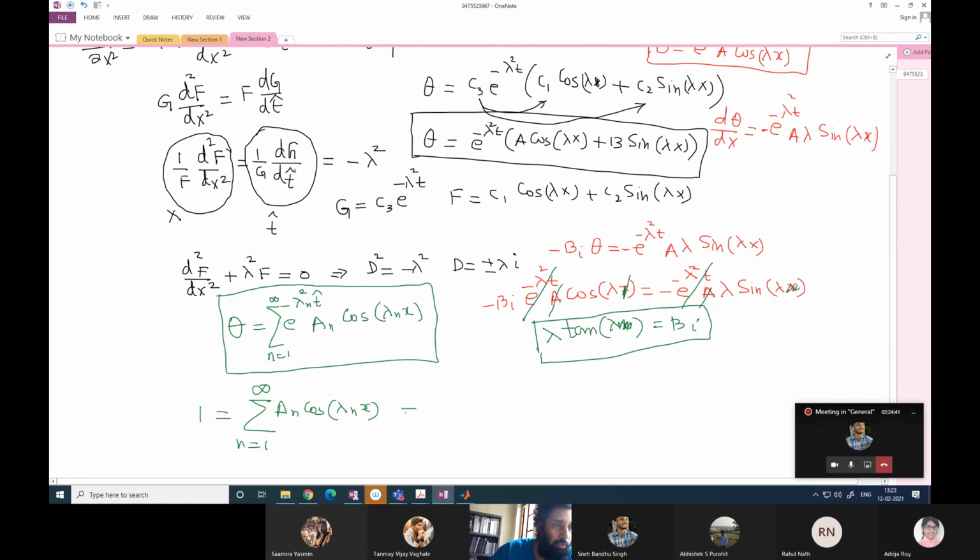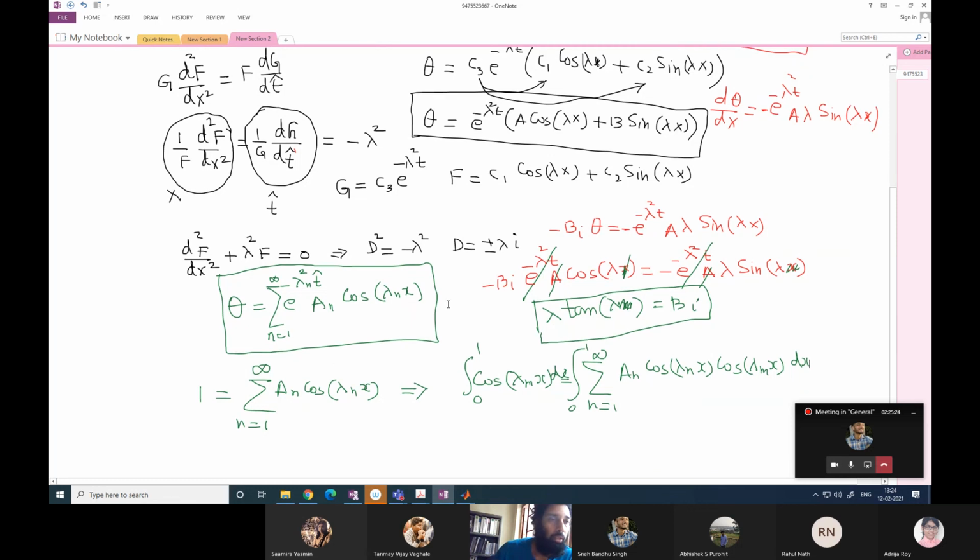And there we use the Fourier series properties. We multiply the left hand side by cos lambda m x, which equals summation n equals 1 to infinity a n cos lambda n x cos lambda m x, and then integrate it from 0 to 1 dx.